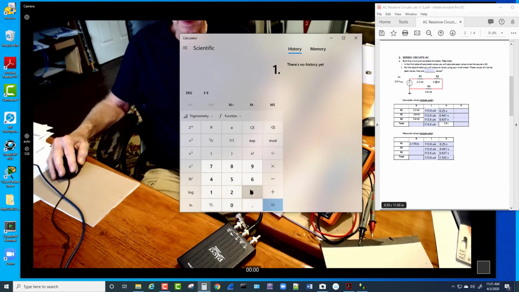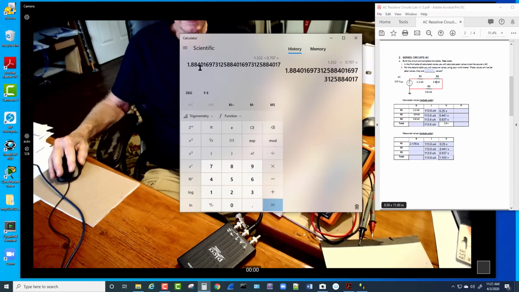So while you're here, I'll pull up the calculator, and if I take 1.332 and divide it by 0.707, I will get 1.88. And that's not quite 2, but that is that little bit that's short of the other thing.